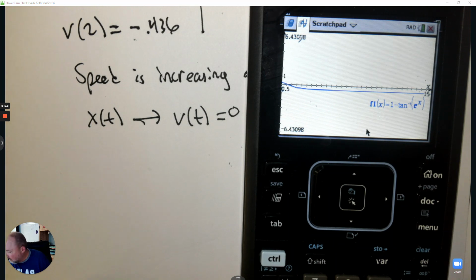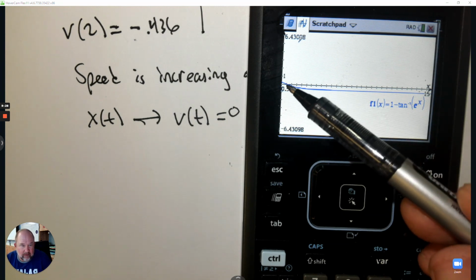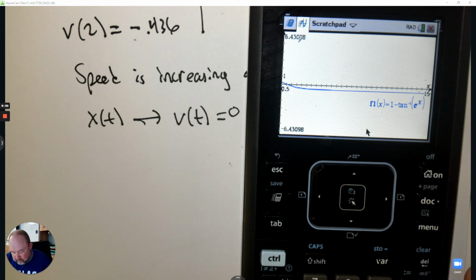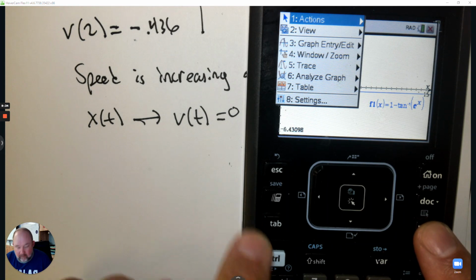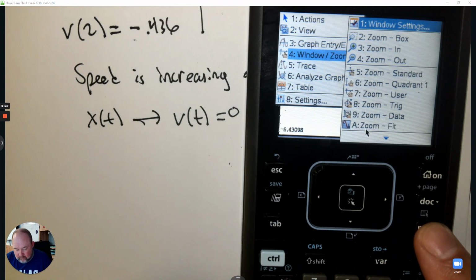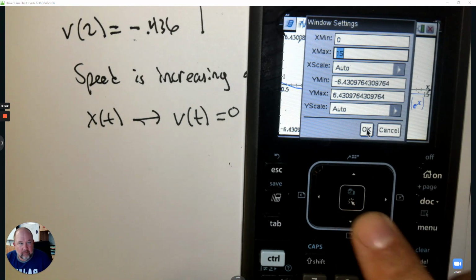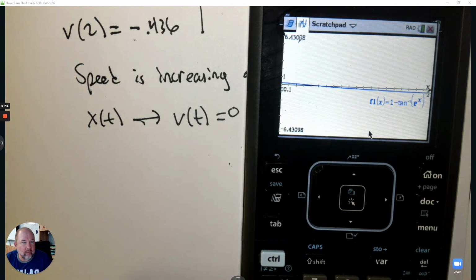And it's from 0 to 2. But I can see it crosses right here at the beginning. See where it crosses? Change that window so you can see it. It's just 0 to 2. So you can see where does it cross.